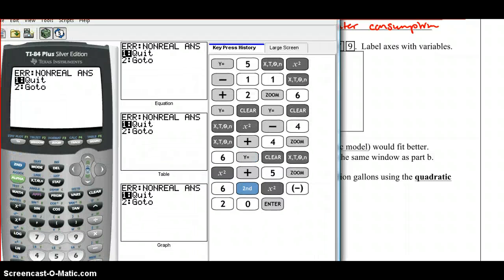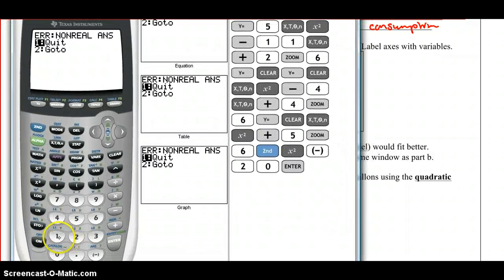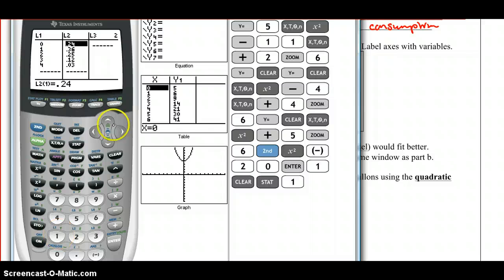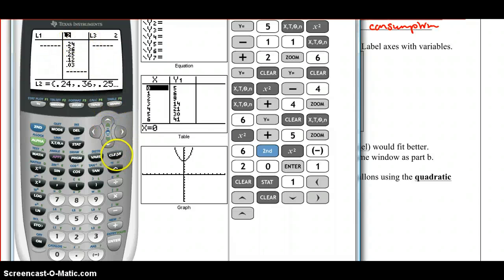So on our calculator, we're going to quit that from the last one and clear that off. All right, so we're going to go into stat 1, and we're going to go over to L1 and clear, down arrow, to get rid of that data. Then we're going to go over to L2 and hit clear, down arrow, to clear that data.